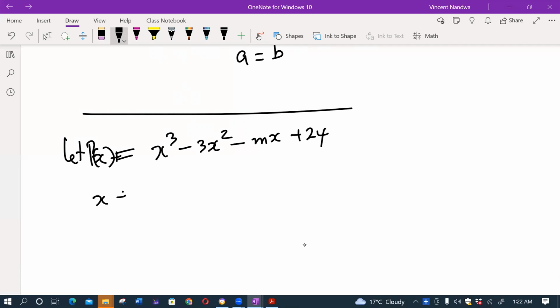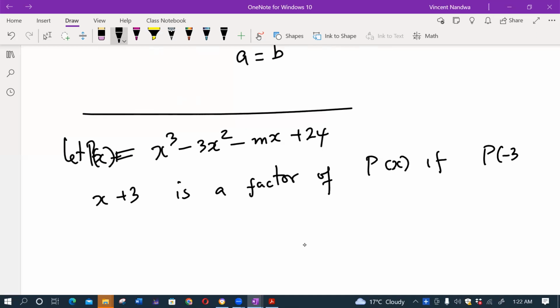So x plus 3 is a factor of p of x if p of minus 3 equals to 0, because in this case, k equals to minus 3. So this is actually by factor theorem.